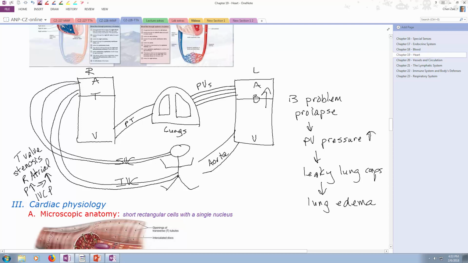The reason I say inferior vena cava is because it's gravity, people. We're going to have more of the backup in the area where gravity is playing a bigger role. So the inferior vena cava pressure will increase, and therefore you will have leg capillaries becoming leaky, which gives you leg edema.